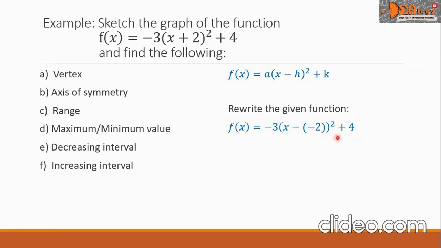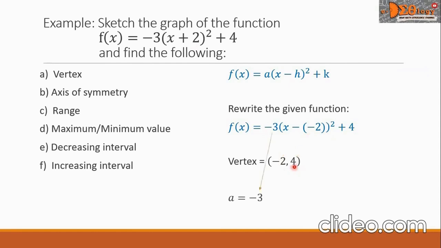And from here, we're going to collect now the vertex, or the h, k values. So this negative 2 is the h and the positive 4 is the k. Therefore, the vertex has the ordered pair (-2, 4).